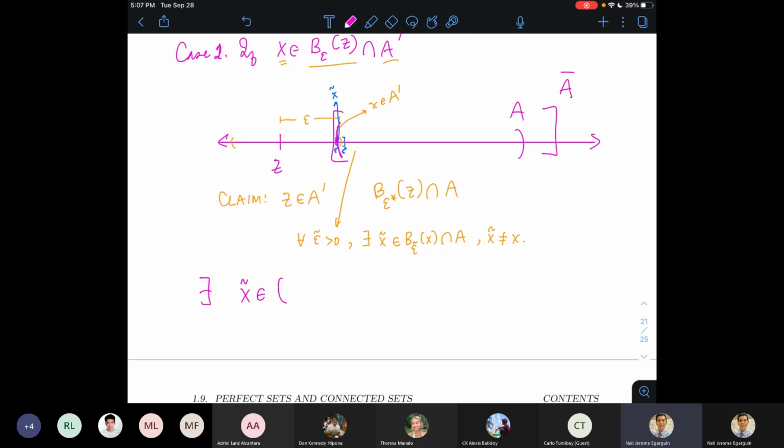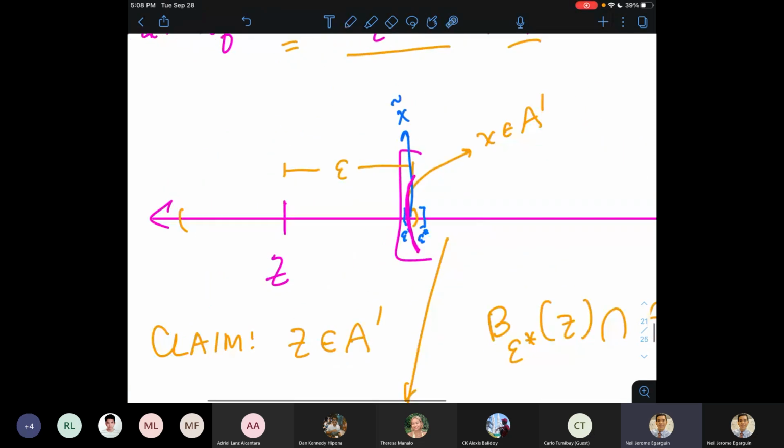An element of x minus epsilon tilde until x plus epsilon tilde. Remember that epsilon runs from here to here. But per my illustration, I can always find an epsilon tilde that gives an x tilde that is an element of A, because x is a limit point of A.